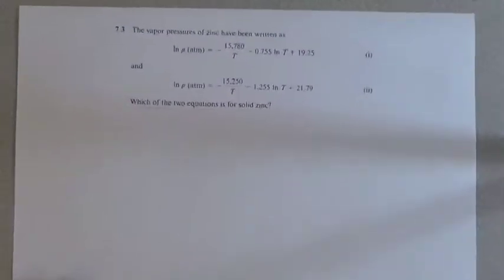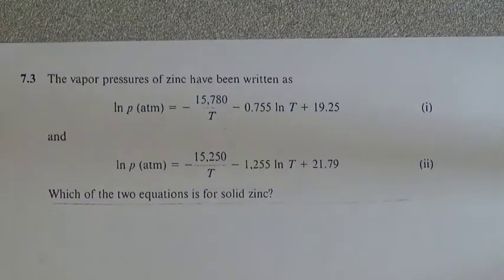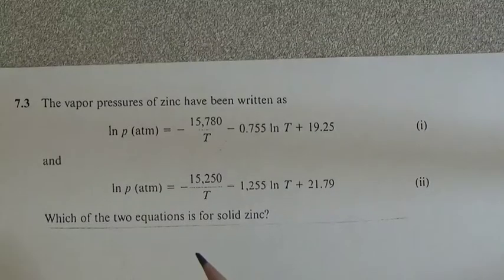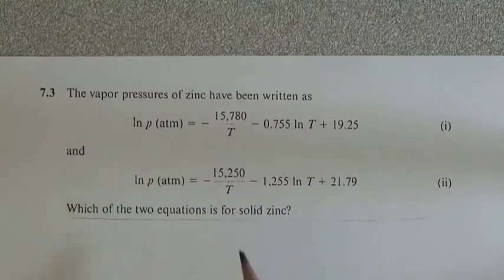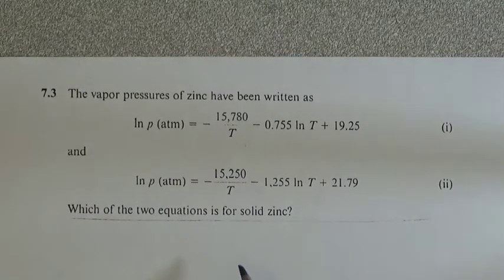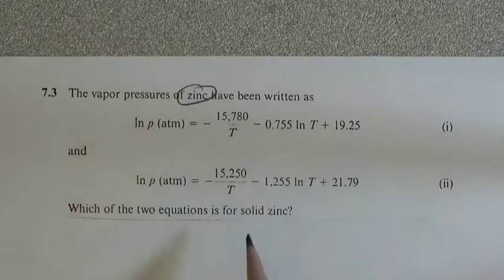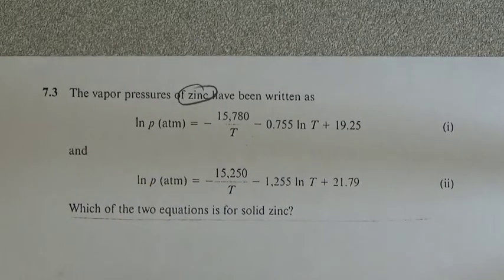So we have that. Let's work on problem 7.3 now. In 7.3, they give you two equations expressing the equilibrium vapor pressure for a temperature, and they tell you it's for zinc, but they don't tell you which one of the equations is for solid and which one is for liquid.